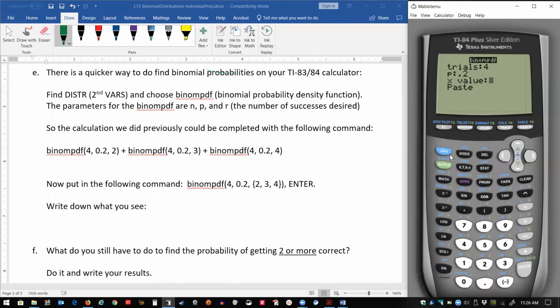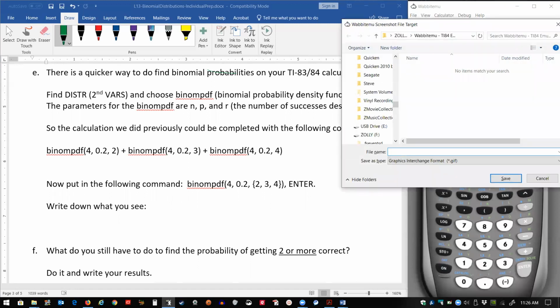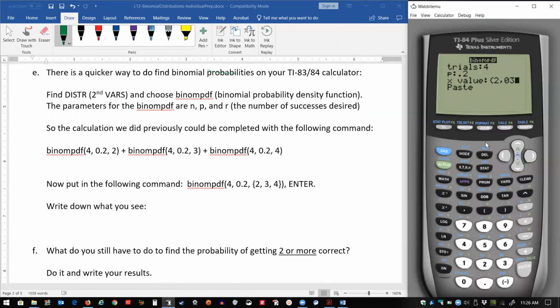I believe it's second and the parenthesis will give you a curly brace. That's important anytime you reference a list. And let's put all 3 of these in. 2, comma, 3, and 4. Then second and a closing parenthesis.